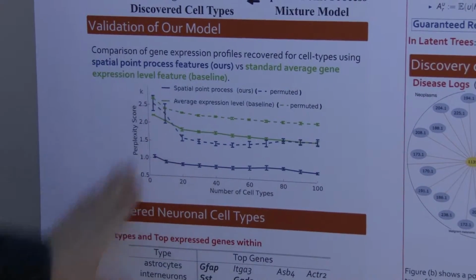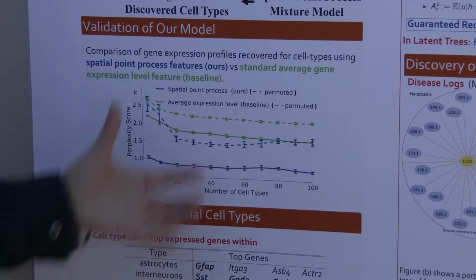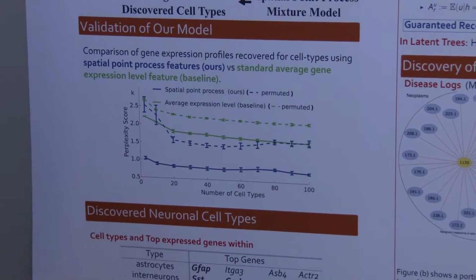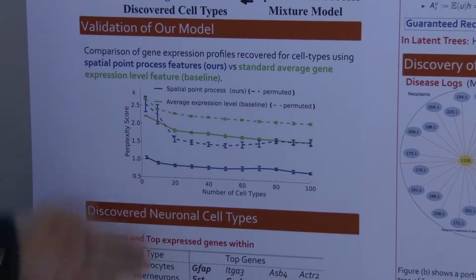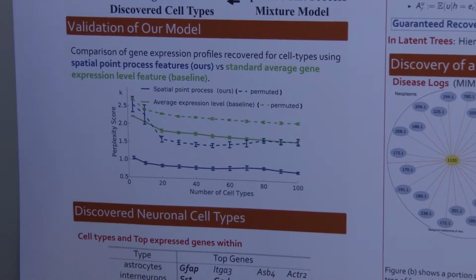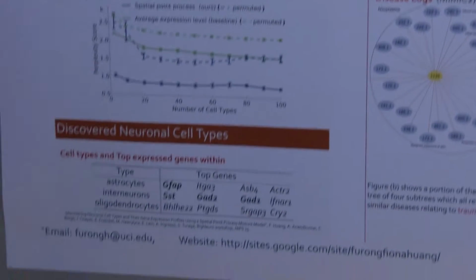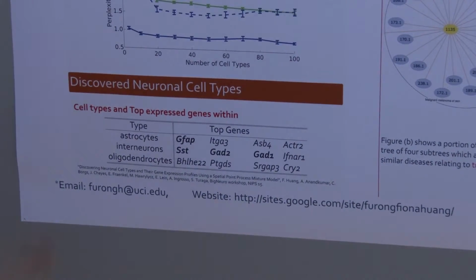We see the perplexity, and our perplexity, which is blue here, is much better than the average expression level baseline. And actually, we discovered some cell types which are known. These three cell types are known by biologists, and you can see them here.